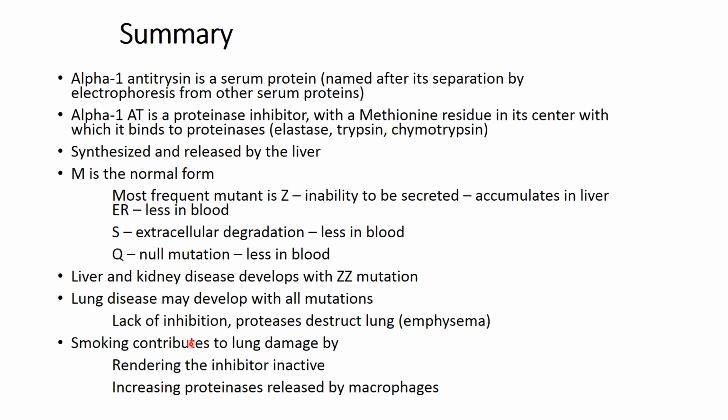Smoking contributes to lung disease because smoking results in more release of proteinases by macrophages, and also destroys the inhibitor by destroying the methionine residue, the covalently binding methionine residue, so the antitrypsin is not able to inhibit the proteinases. Thank you for your attention.